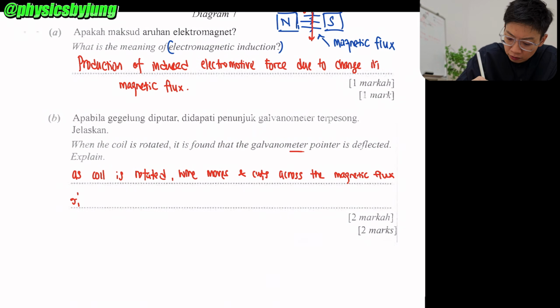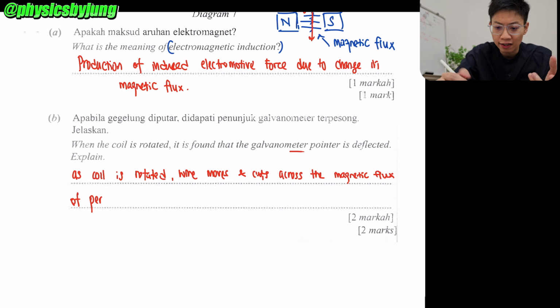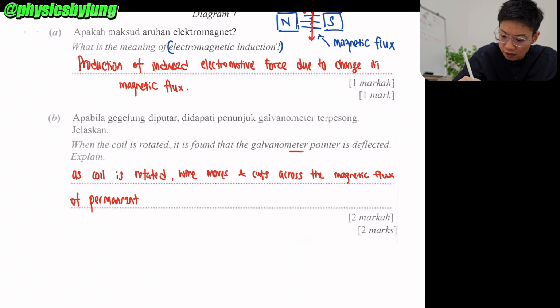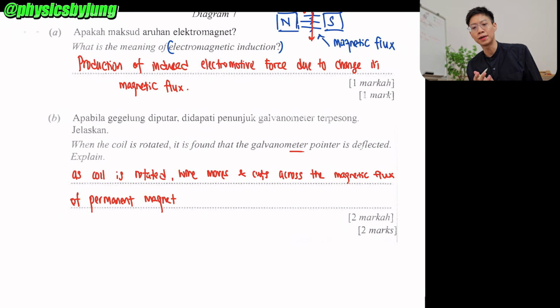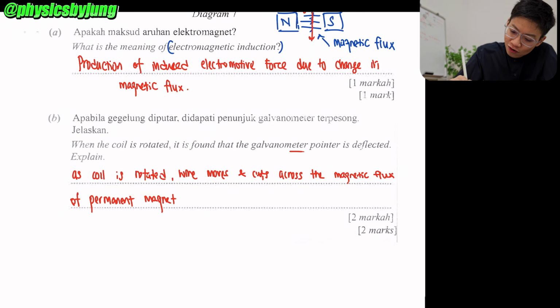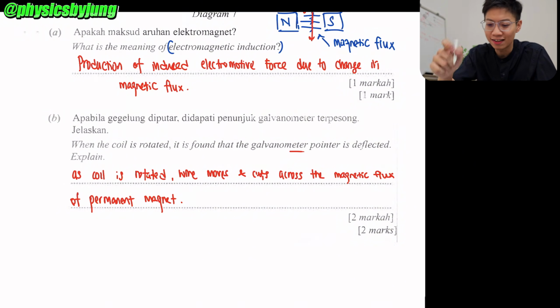Alright, so very important. Of whom? Of the permanent magnet. Some teachers will say that you never tell me whose magnetic flux, because sometimes maybe there is more than one object inside there. So therefore, permanent magnet. Okay, cuts across the magnetic flux of the permanent magnet. So, full stop. 2 marks, 2 sentences.